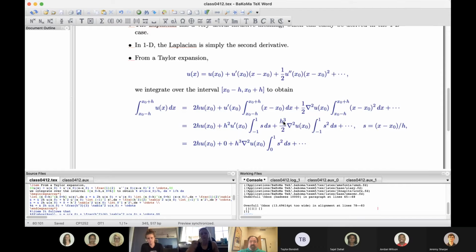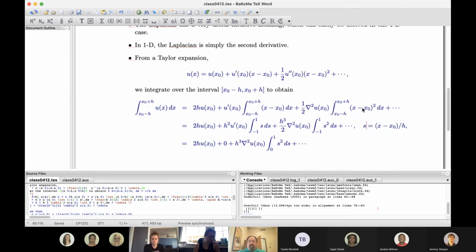This factor of h cubed comes about from making the change of variable, because when I replace dx, it is replaced by h times ds, so I get a factor of h because of that, and then x minus x naught from this equation, that's equal to s times h, so it gives me an additional h squared that also shows up out here.